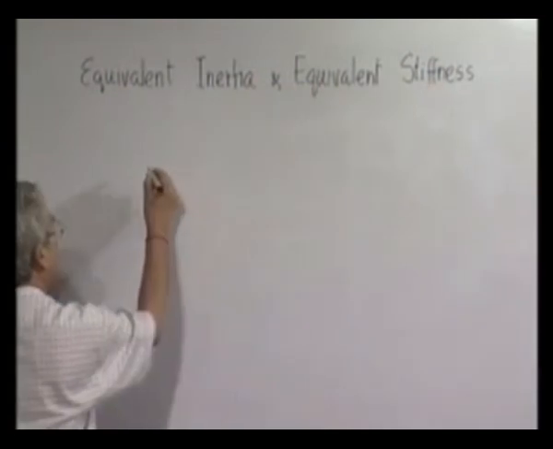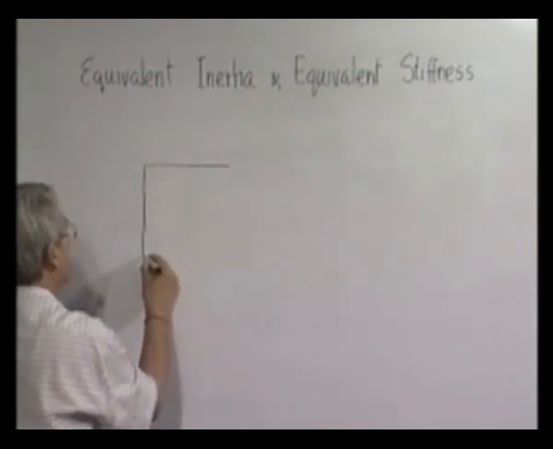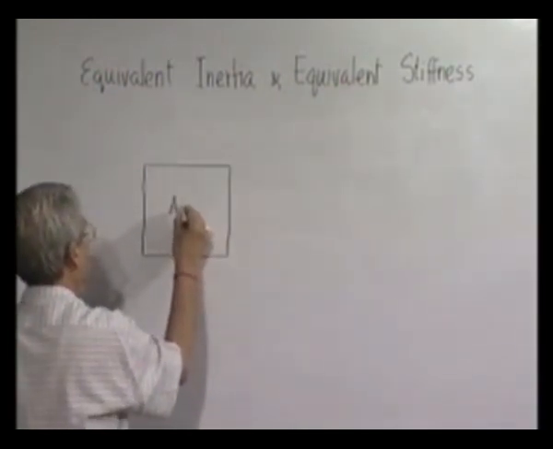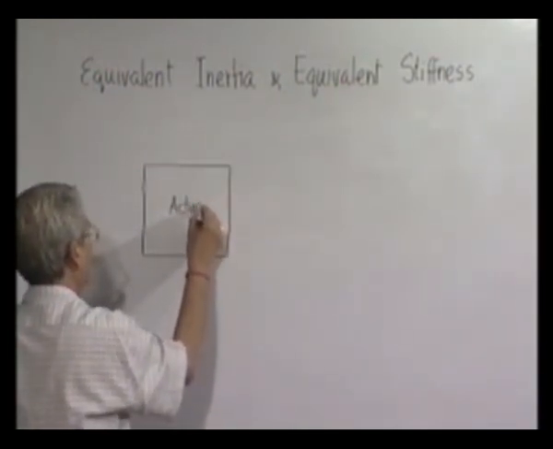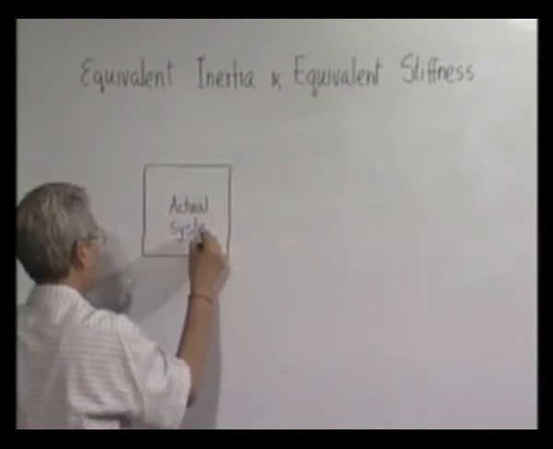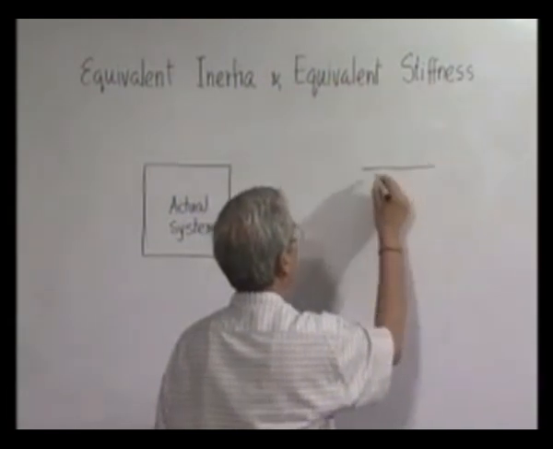So we have a system, the actual system, and we convert into an equivalent system.